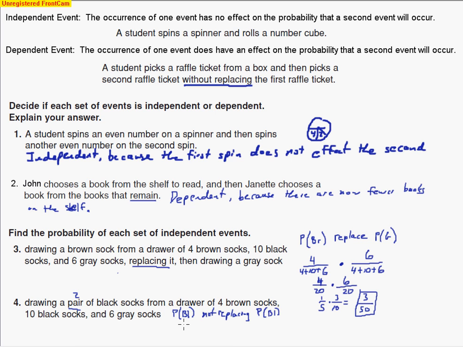And so black socks is 10 out of, and we count up all those socks, just like we had done before, 20 socks. Now, we pick another black sock. Again, we did not replace it this time, so we now have fewer black socks. How many black socks do we have? 9 black socks are left.